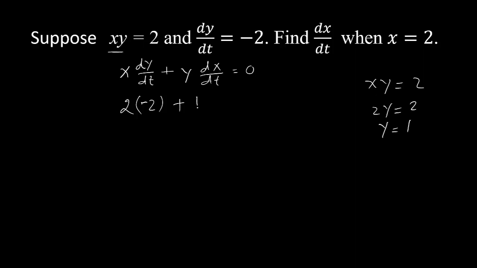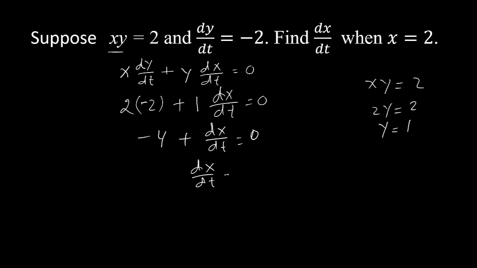So plug this one here, 1, and then dx/dt equals 0. Now you got -4 plus dx/dt equals 0. So then dx/dt equals 4. You are done for this.